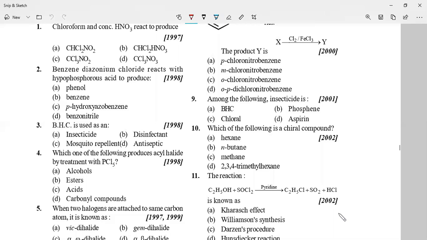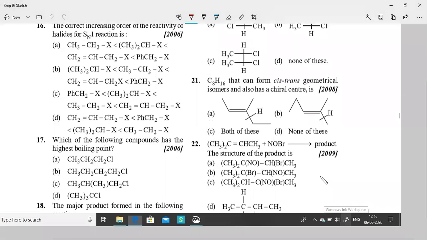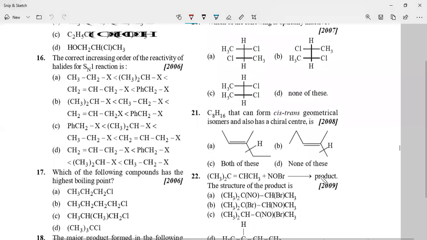These are somewhat easy, so you can do them by yourself. Please take the screenshot, students, and practice. Then we will go for the other set of questions. Question number 16, 17, 21, and 22. Please have a look for a minute.